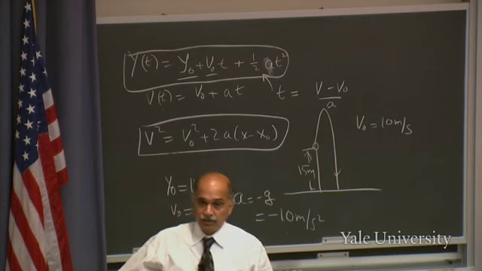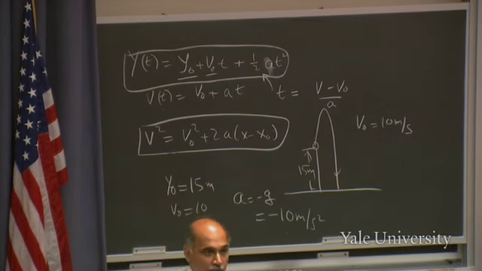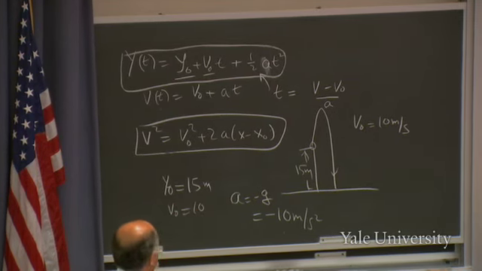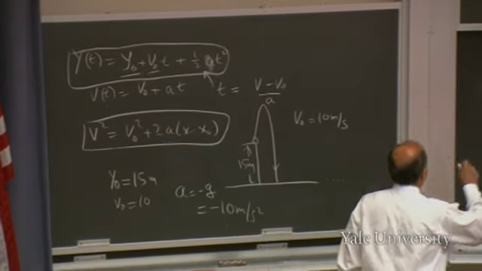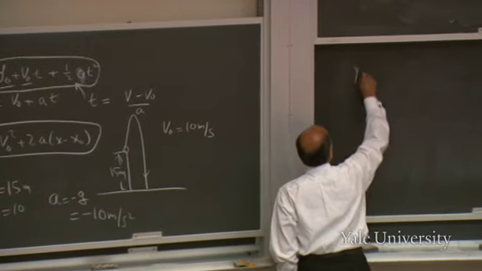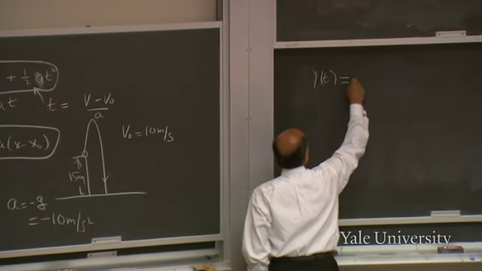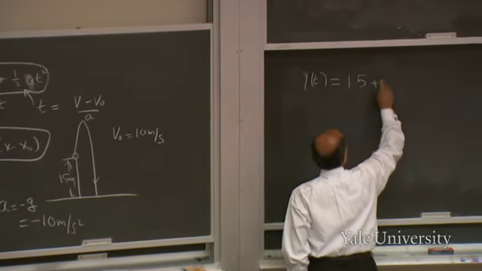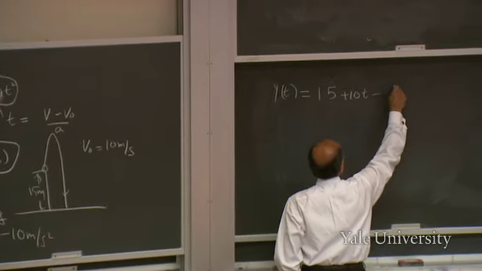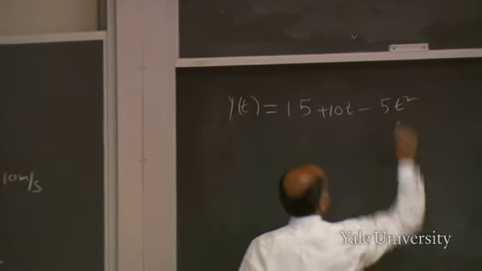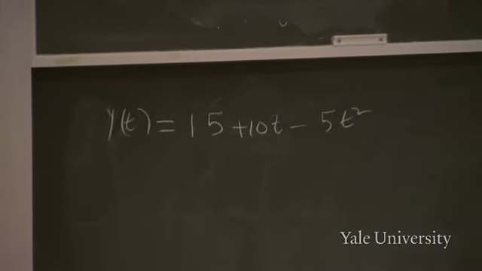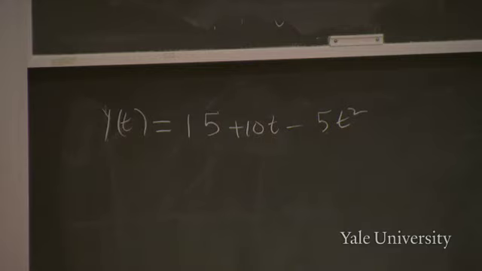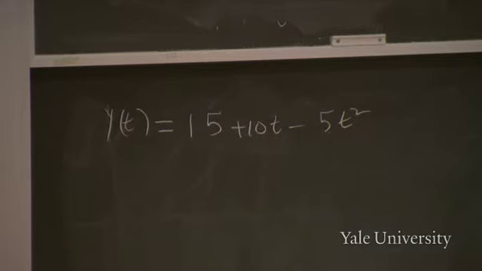As you know, the correct answer is 9.8, but we don't want to use the calculator now, so we'll call it minus 10. Consequently, for this object, the position y at any time t is known to be 15 plus 10t minus 5t squared. That is the full story of this object.